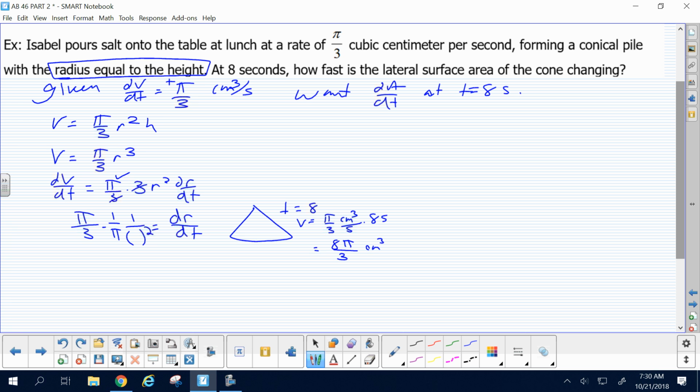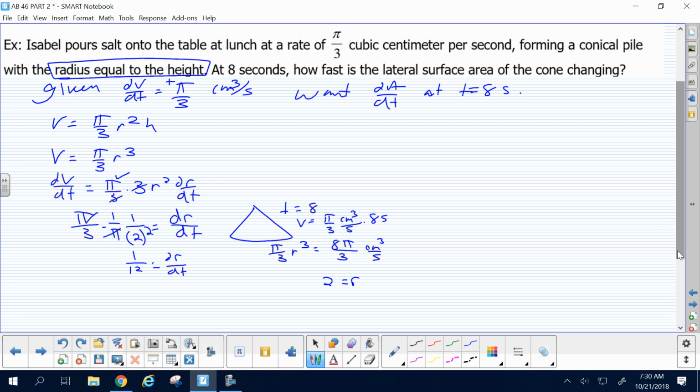Now, if the volume is always pi over 3 r cubed, that implies that at the instant they talk about, the radius is 2. If I throw that in there, I get dr dt is 1/12, and that's centimeters per second.